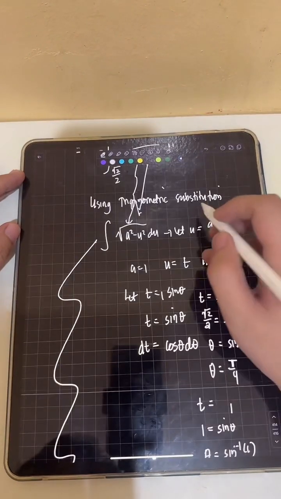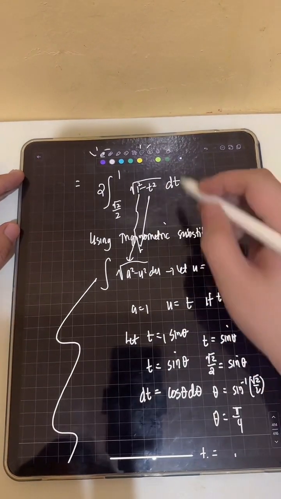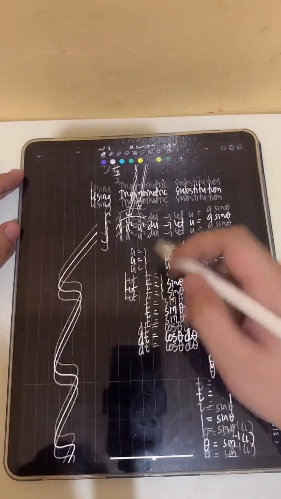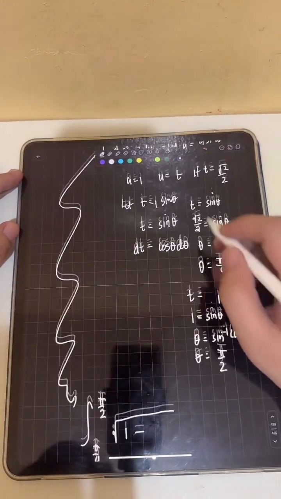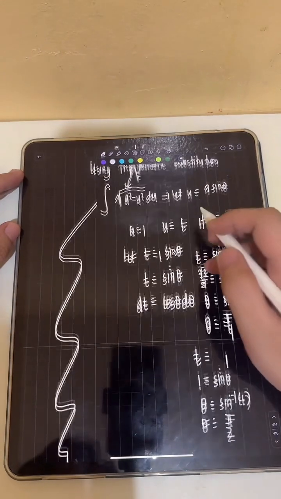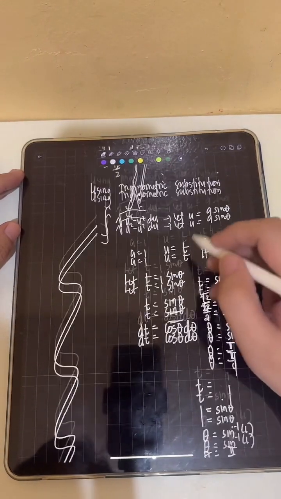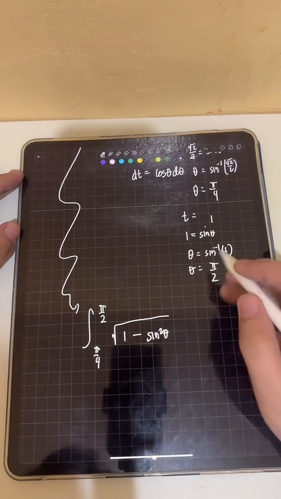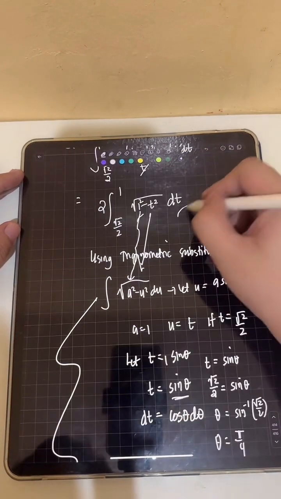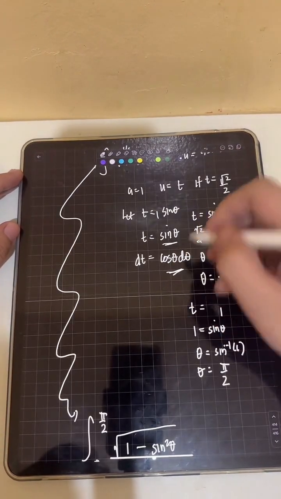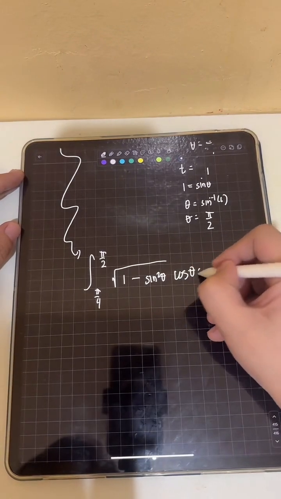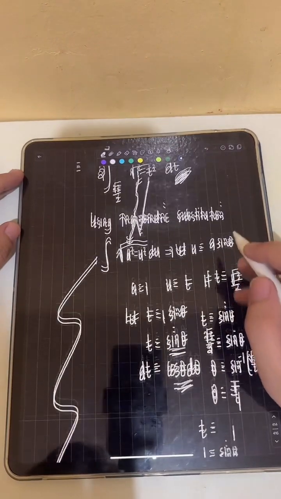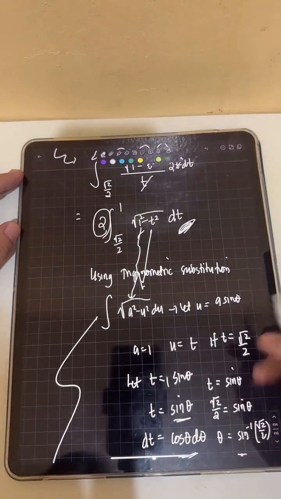And then, the integrand will be square root of 1 squared, or simply 1, minus t. t is sine theta with the square. So we'll have negative sine squared theta. And then the dt is cosine theta d theta. With a constant 2 in front, right?